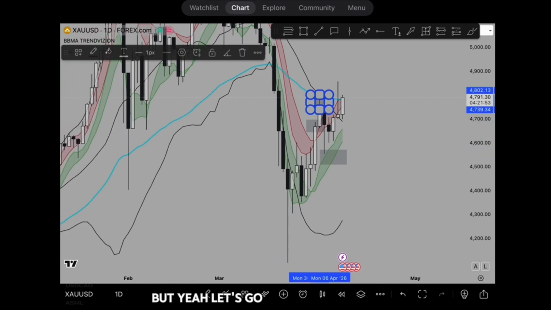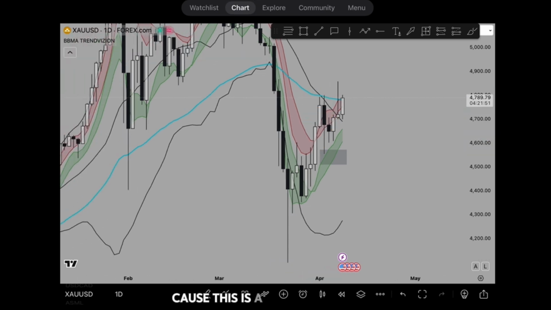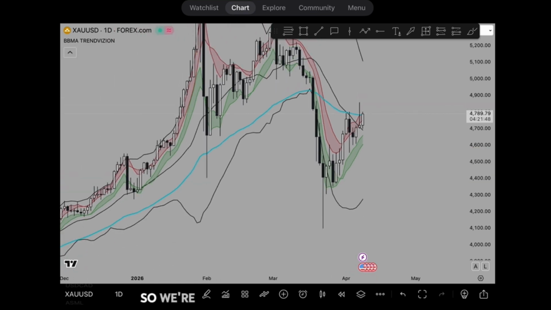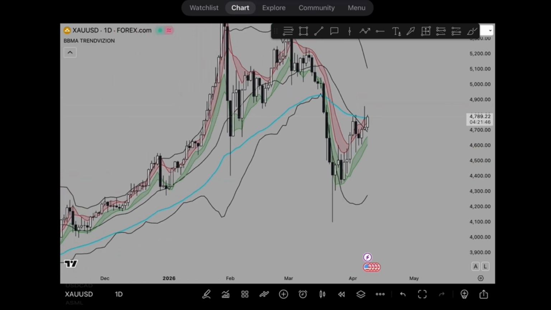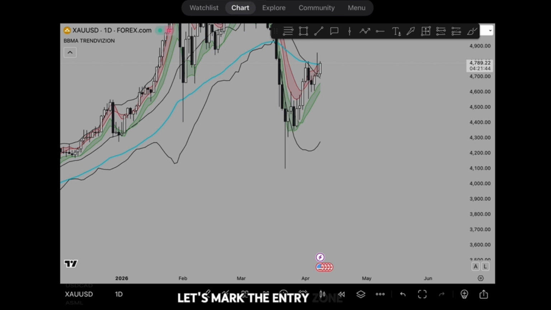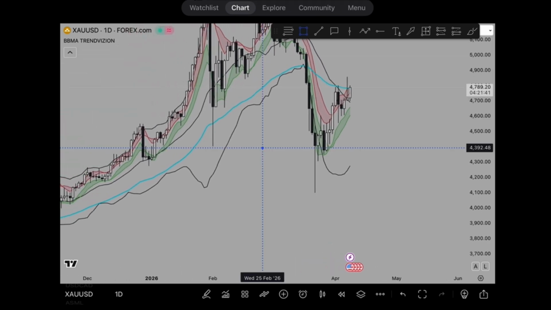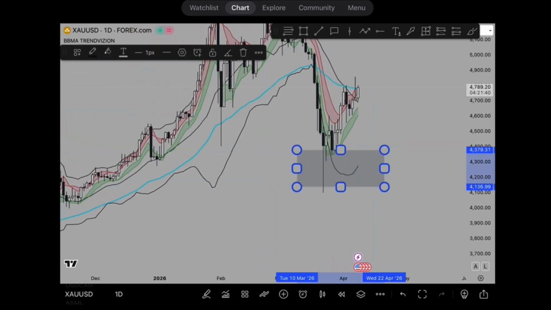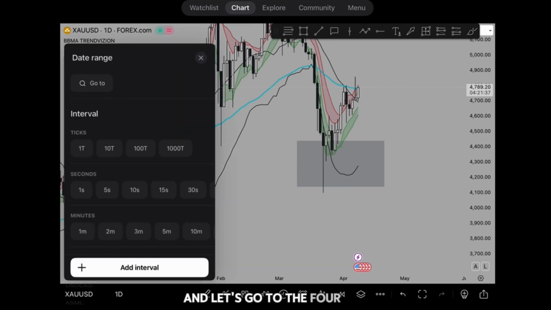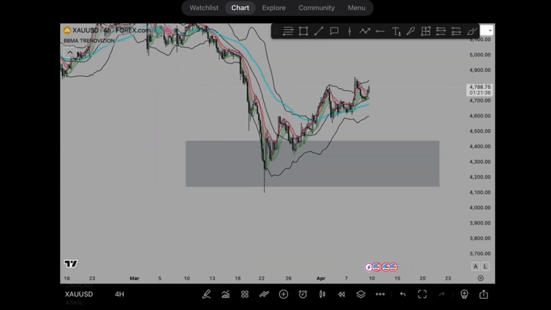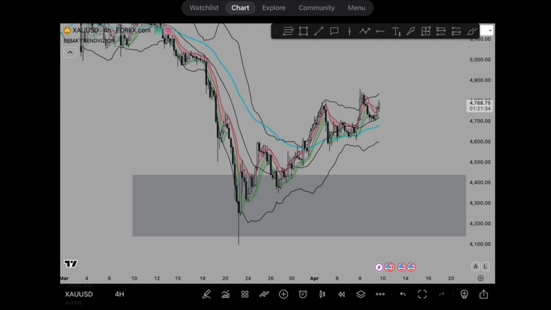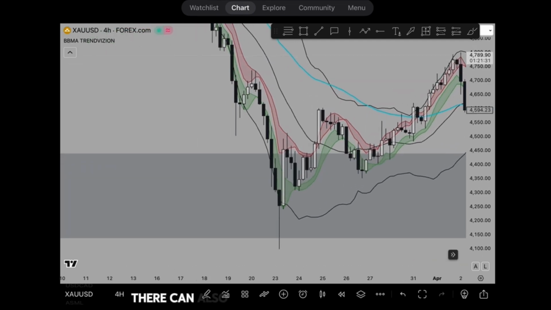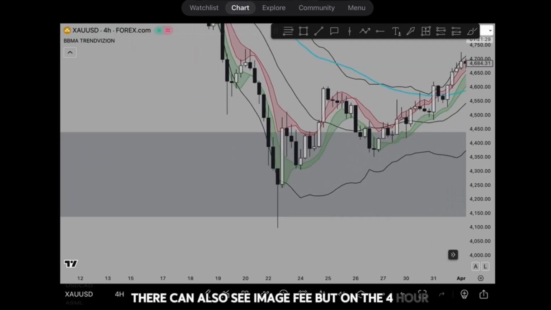But yeah, let's go to a lower time frame, because this is a top-down analysis, so we're using more than 3 time frames. Let's mark the re-entry zone again. And let's go to the 4 hour. There you can also see MHV, but on the 4 hour.